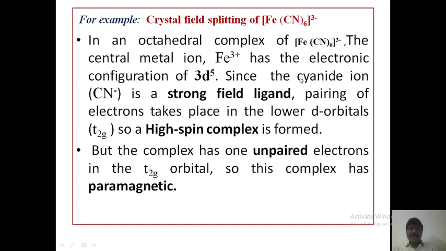Since the cyanide ion is a strong field ligand, pairing of electrons takes place in the lower d orbitals, so a low spin complex is formed. The complex has one unpaired electron in the T2g orbitals, so this complex has paramagnetic nature. This is crystal field splitting in an octahedral complex, as one example.